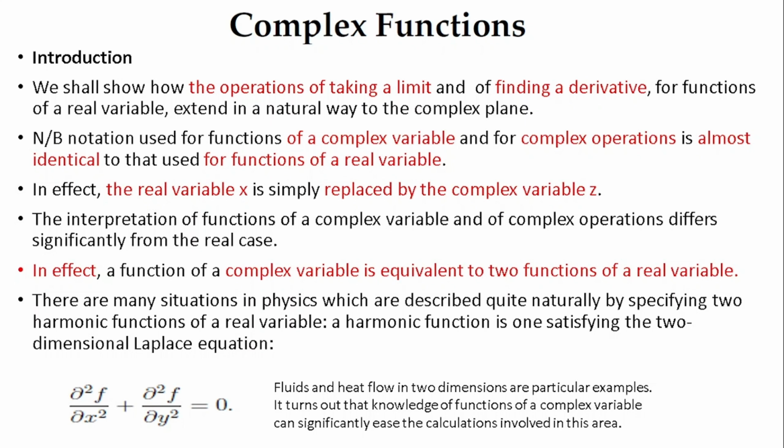Most of the notation that we use in the complex world is the same notation that we'll be using in the real world. In effect, the real variable that we are talking about here is x. If you want to take x to the complex world, you replace that x with z. So, for example, if we have a function f of x is equal to, let's say, 2x plus 1, then with this function, we can say find the solution for f of x.